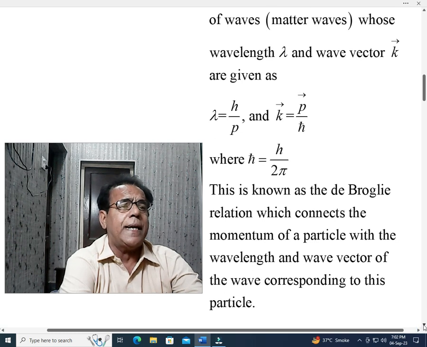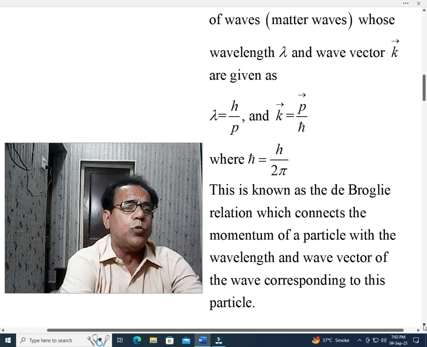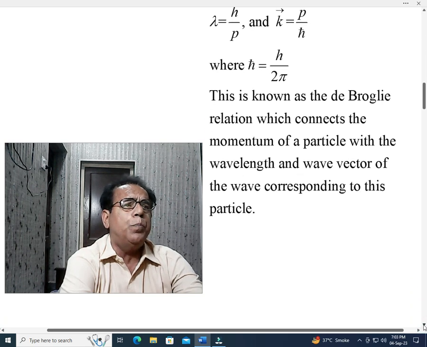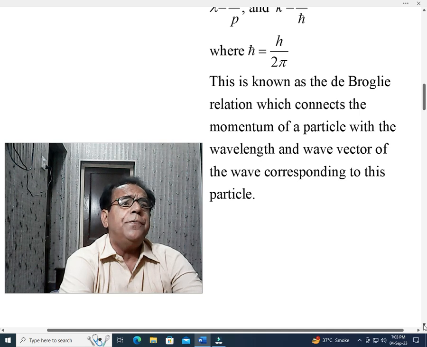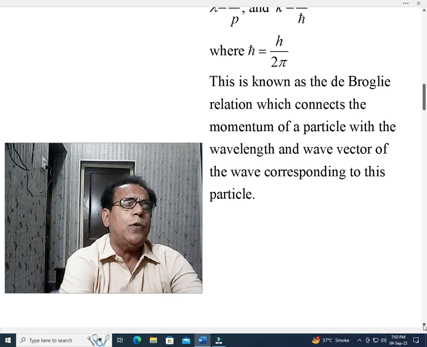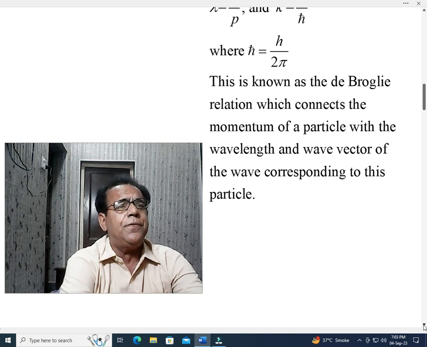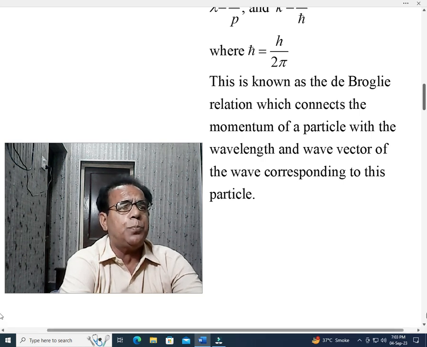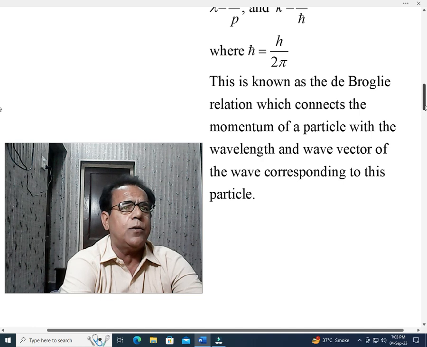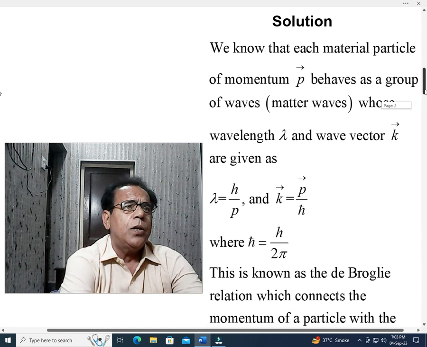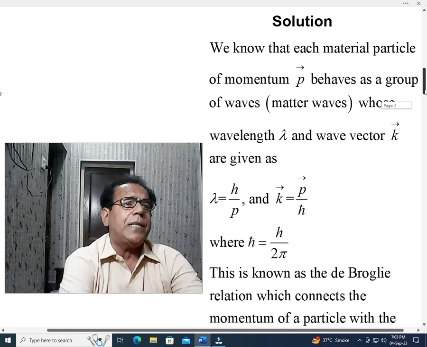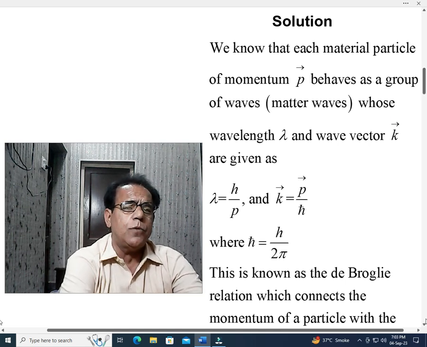This is known as the de Broglie relation, which connects the momentum of a particle with the wavelength and wave vector of the wave corresponding to this particle. We have just developed a foundation to have some origin regarding the solution of this problem. So this is a valid foundation.